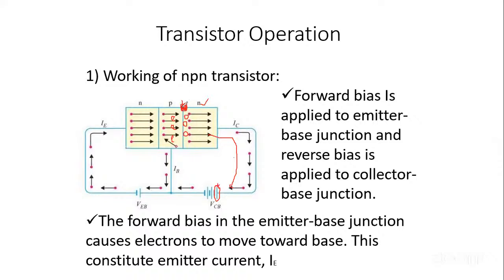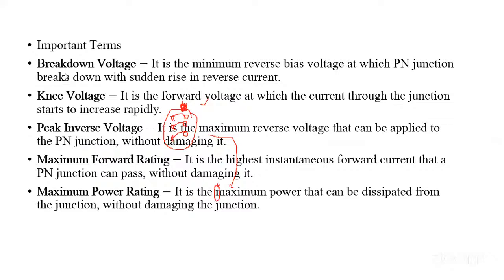When it repels the holes towards the junction, the minority carrier electrons in this P-type will recombine with them. So this is also current flowing, but this current is called leakage current. Leakage current.